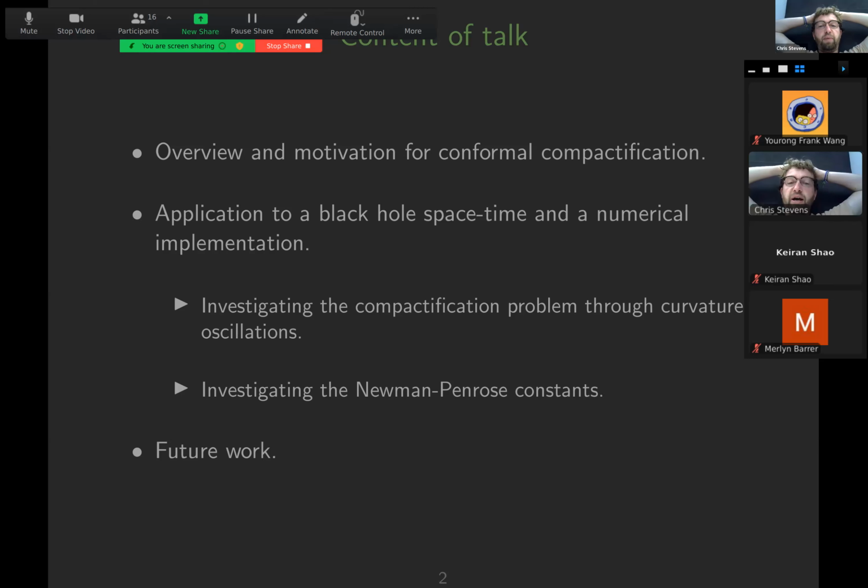So we managed to compute, as far as we're aware, the first numerical calculations of these in an arbitrary space-time. So I'll give you a bit of an overview of that as well, and then discuss some of the many things that I wanted to do with this formalism, and that's what some of these students are working on.